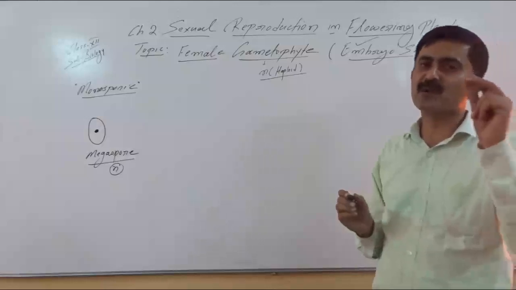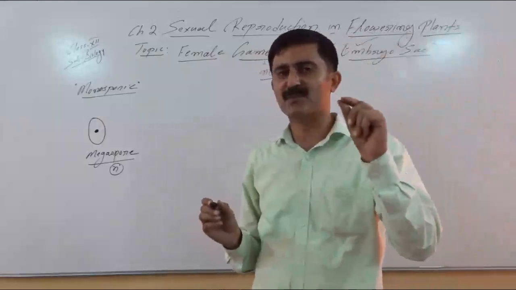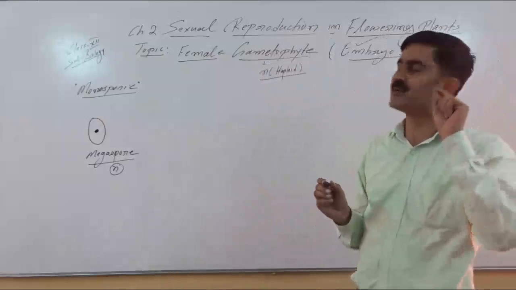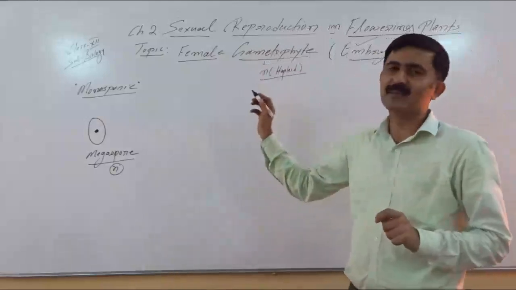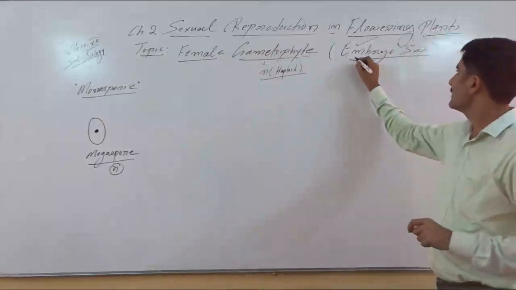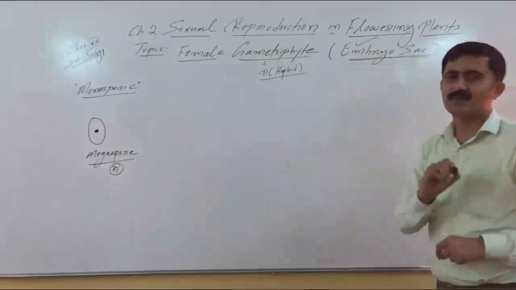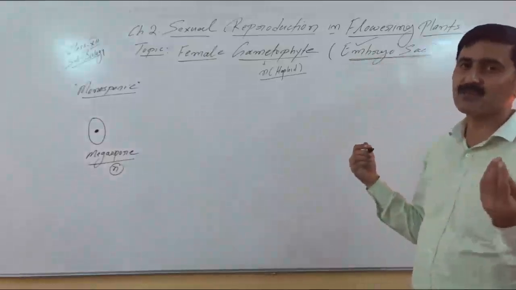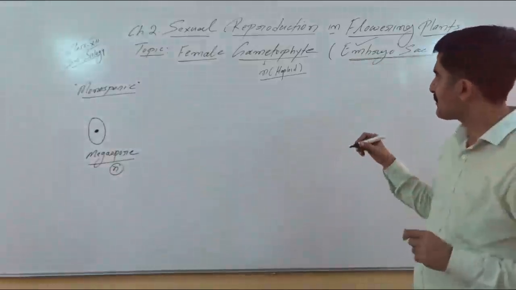So that is the haploid stage of the life cycle of angiosperm. Please remember, this is very important to know. Female gametophyte is embryo sac, and male gametophyte, we have already discussed, is the pollen grain.